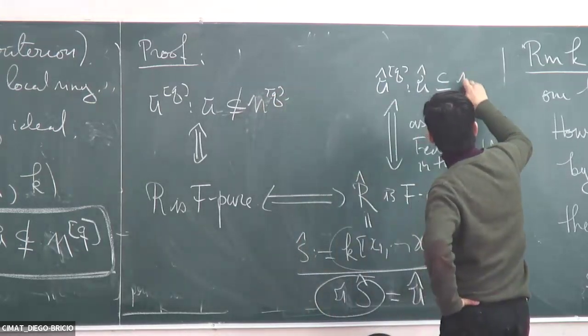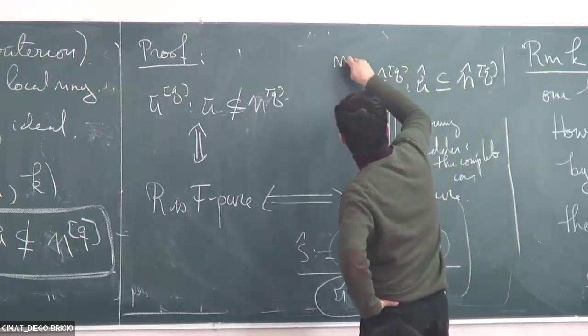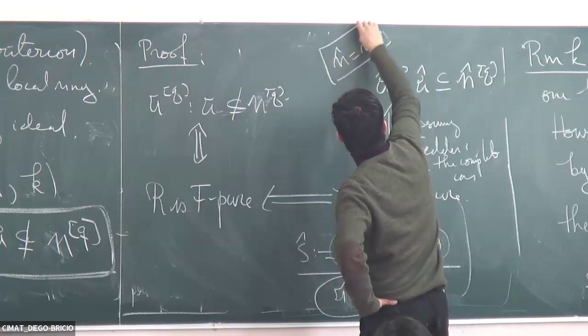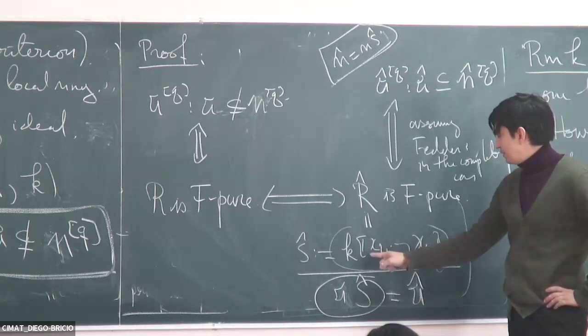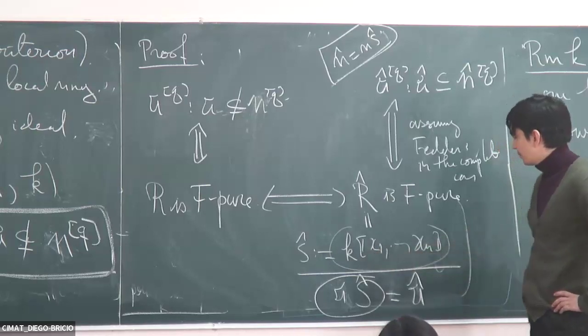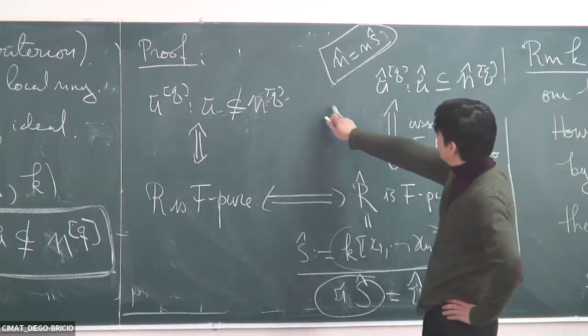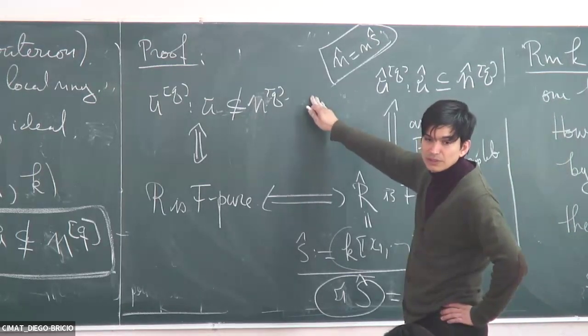And here we will have n hat, where n hat is just n S hat. N hat is literally this (x1, ..., xn). So what would be the question? Whether or not these two things are equivalent. I claim it is, okay?